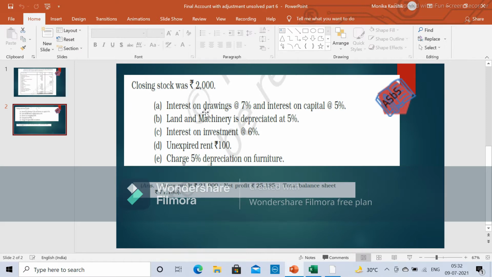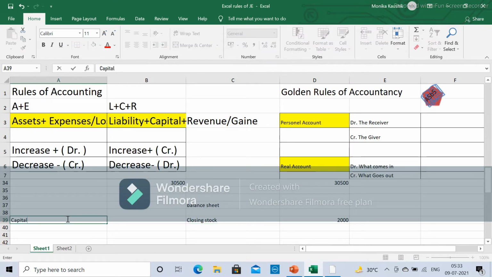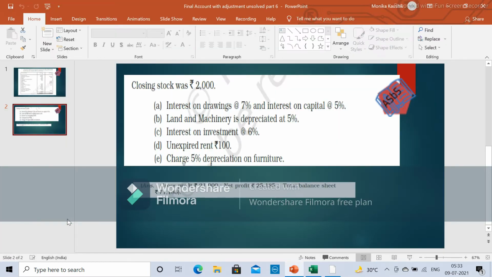Interest on drawings and interest on capital. So capital minus drawings. Same as interest also, we will add interest in the capital and then we will add interest in the drawings also, and then we will deduct it with the same application. So let's do the calculation of capital plus net profit plus interest on capital minus drawings.